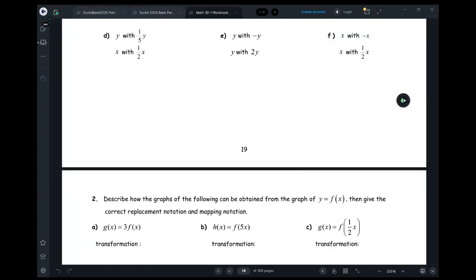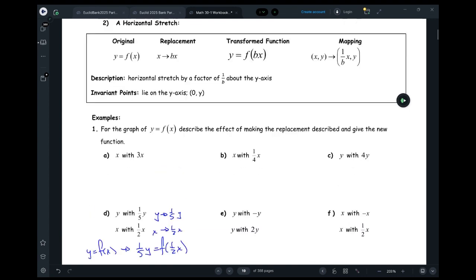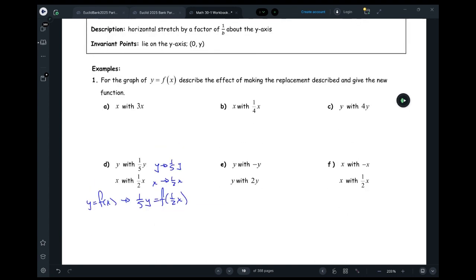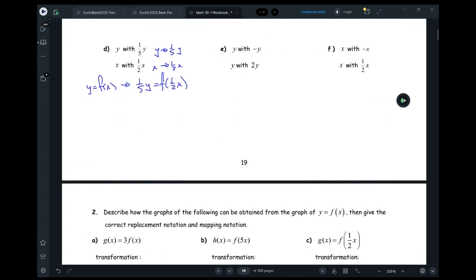So now in question D, we're going to replace y with 1/5 y, and replace x with 1/2 x, meaning that we're going to go from y equals f of x to 1/5 y equals f of 1/2 x. What we're going to do here is just identify what's going on.